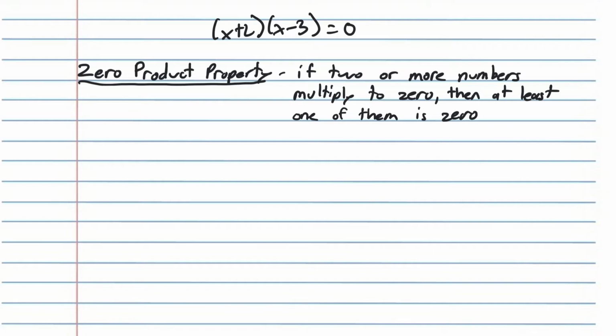If I'm just taking two random numbers, A times B, and I know the answer to that is 0, the only way that can happen is if either A is 0 or B is 0. That's the only way two numbers can multiply to 0: one of them has to be 0. So either A equals 0 or B equals 0.